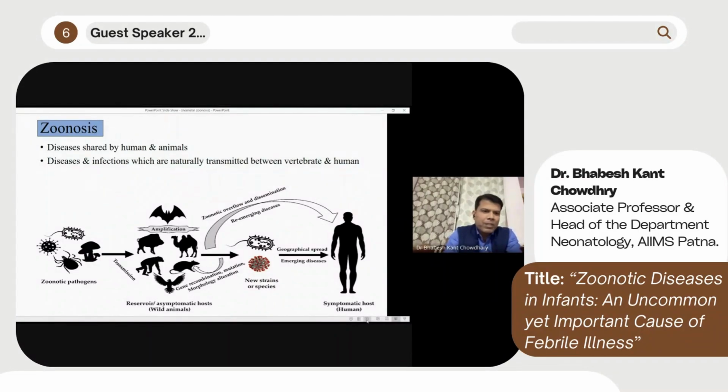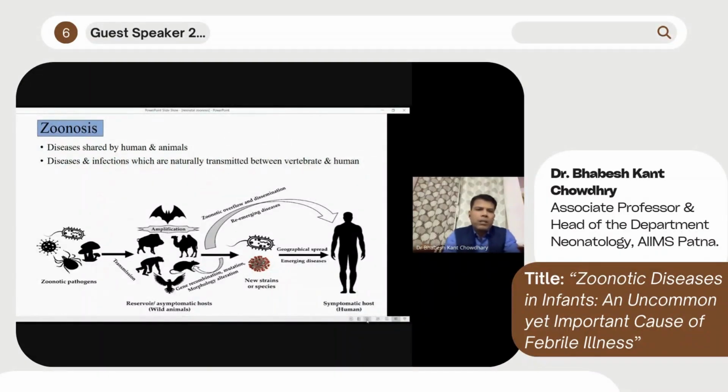In the picture we see that the disease-causing agent basically infects animals, different types of animals, where the animal acts as a reservoir, often asymptomatic, or sometimes symptomatic as well.